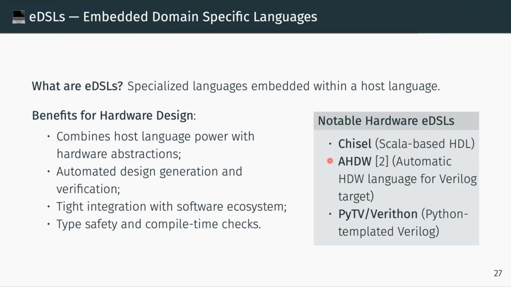I just wrote a very simple interpreter for this to transform the parameters for Verilog targets. And more recently, I devised a Rust library that does Python-templated Verilog, which will try to transform the code design with Python parameters into Verilog code that will get synthesized into hardware.